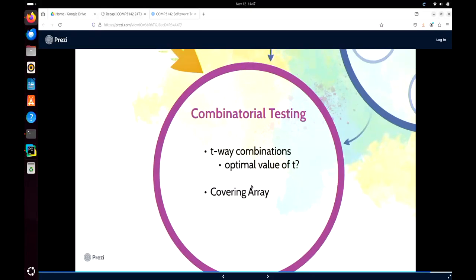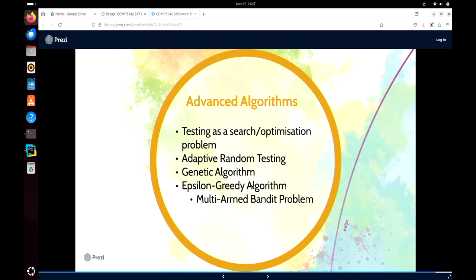After that, we learned some advanced algorithms which could benefit these practical techniques. For example, the covering array mentioned just now could actually be calculated with a genetic algorithm. You can think about how to design this algorithm based on what we have learned, but it is not required in this course.